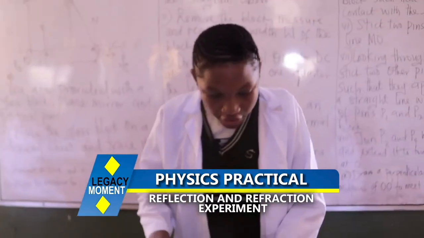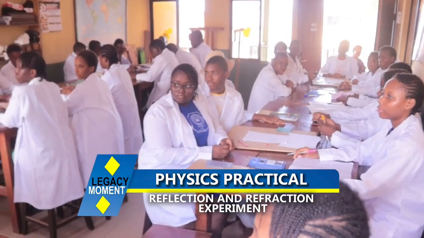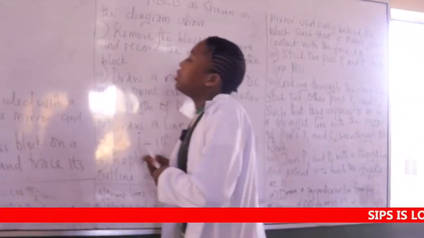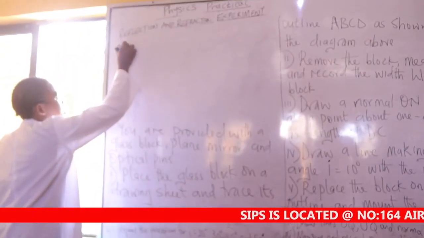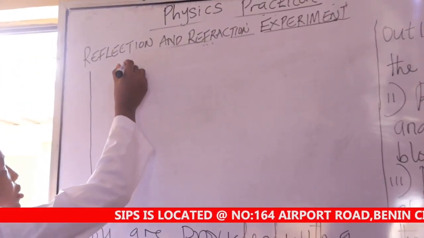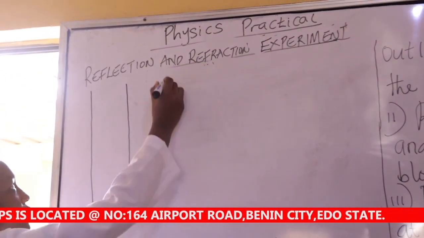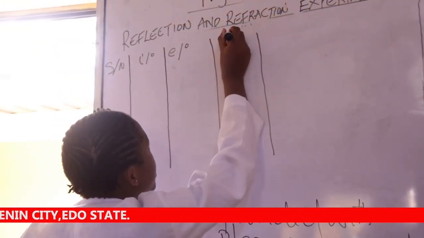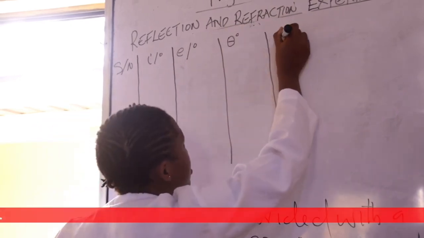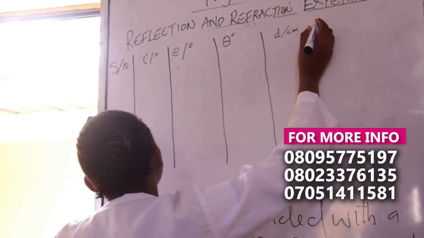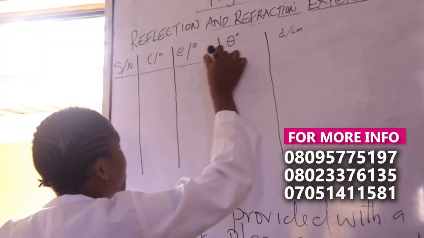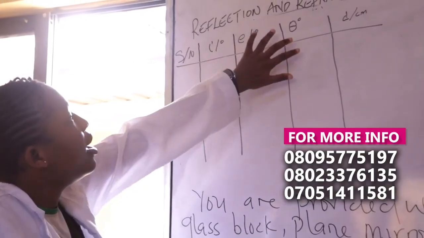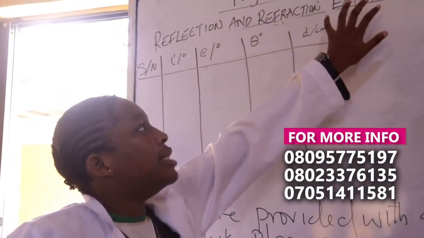And for that, I'll have to draw my table to be able to measure theta, E, and D. So for my table, I have I, that's angle I, angle E, angle theta, and the length D.